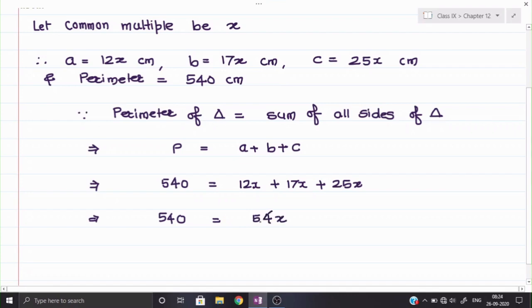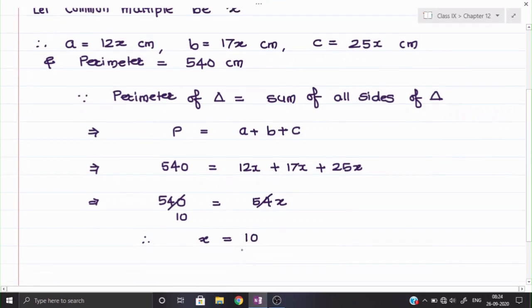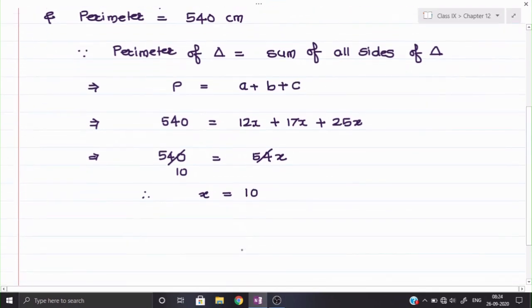And 54, if we cancel from 540, the remaining is 10. So see, we got our common multiple, that is 10. Now this value I will put in a, b and c to get the exact values of the sides.